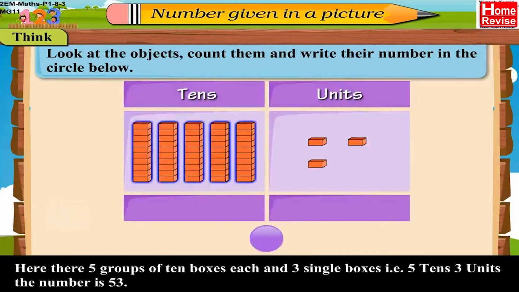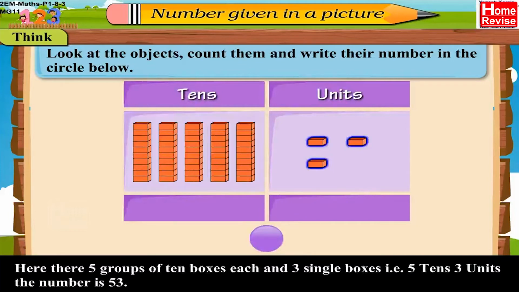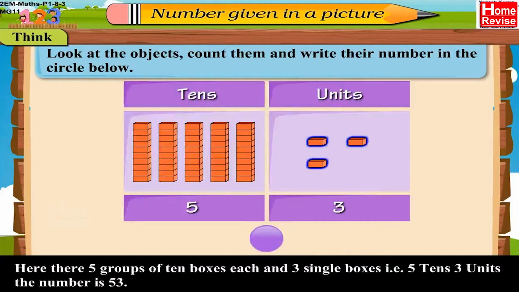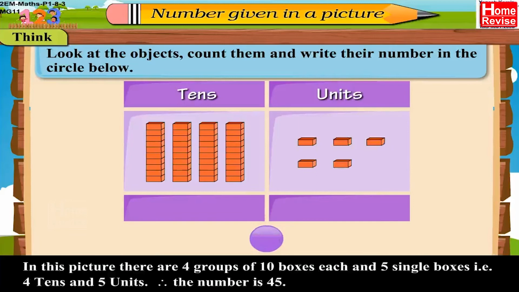Here, there are 5 groups of 10 boxes each and 3 single boxes, that is 5 tens, 3 units. The number is 53. In this picture, there are 4 groups of 10 boxes each and 5 single boxes, that is 4 tens and 5 units. Therefore, the number is 45.